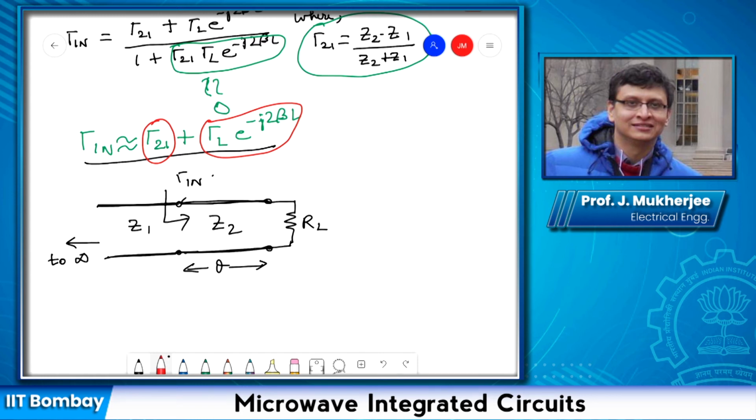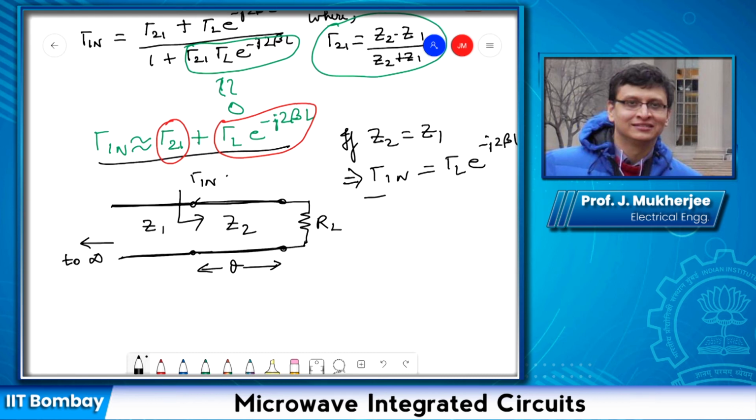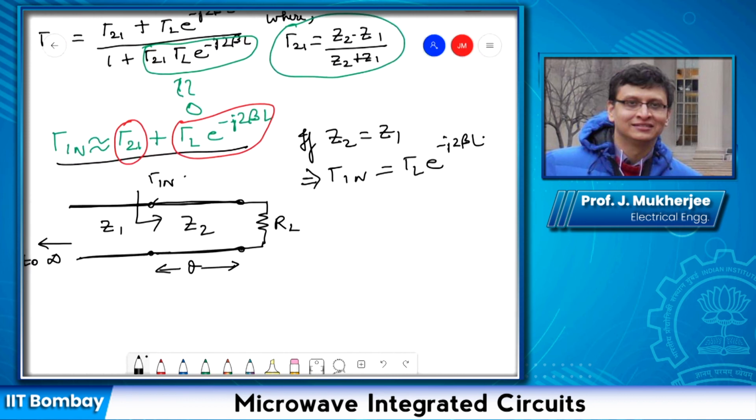If Z2 is equal to Z1, then gamma in is equal to gamma L e raised to minus j 2 beta L. So this is our well-known reflection coefficient expression. As we go away from the load, recall the angle becomes more negative, and so we move in the clockwise direction.